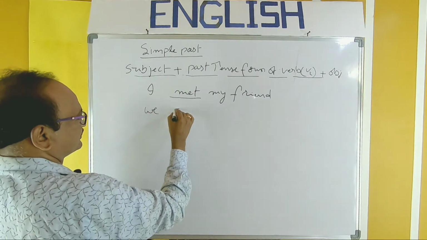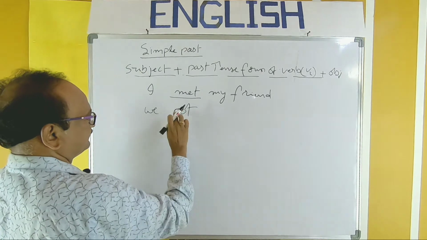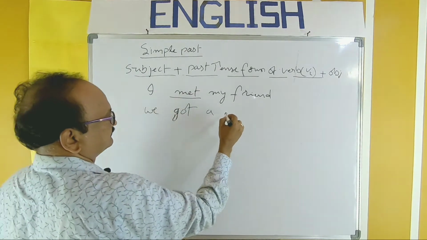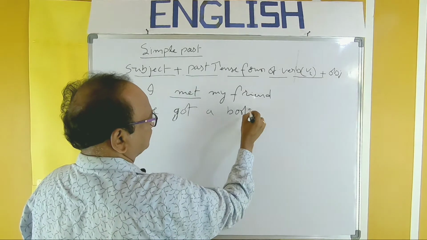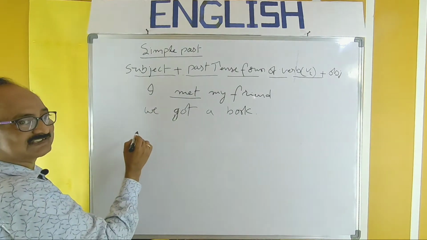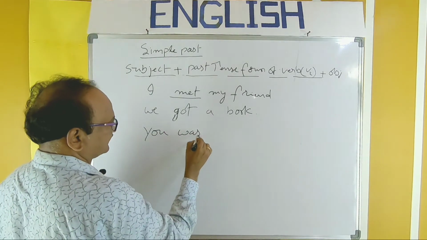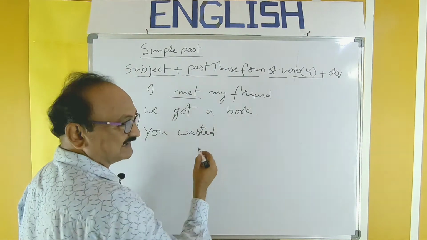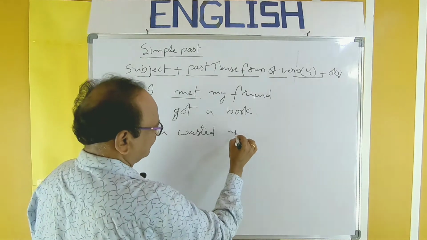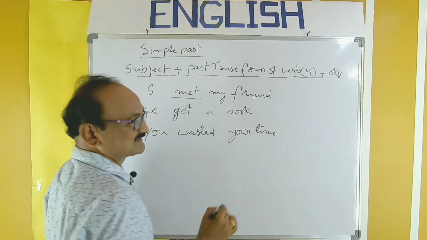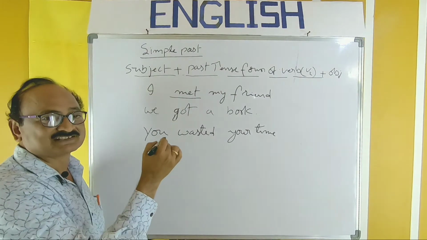We got a book. Next, you wasted your time. Often we tell it to others, you wasted your time. And we never mind our own wasting of time, we always point out others' wasting of time.